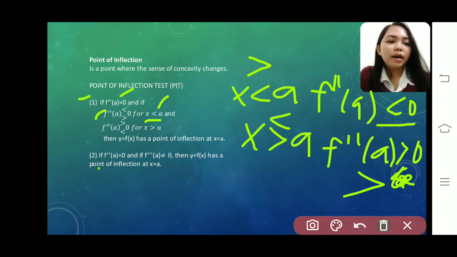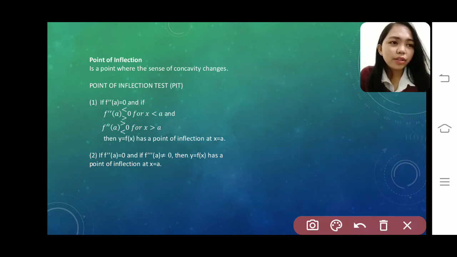So, dun sa second condition naman, we have if f double prime of a, or the second derivative of the function, equal to 0, dapat daw yung third derivative mo is not equal to 0.